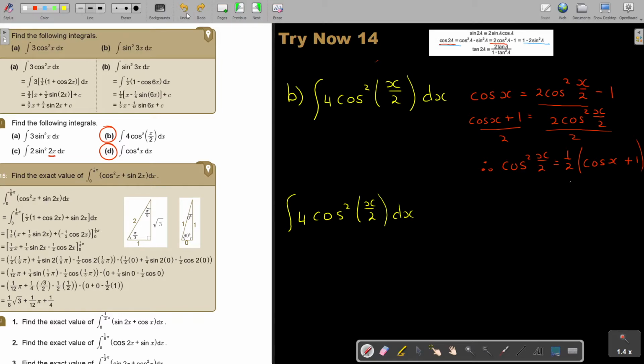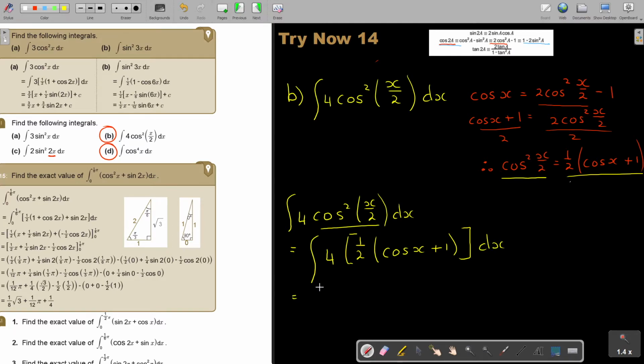So that is equal to 4, and now check this, replace that. Even put a bracket like that, cos x plus 1 dx. And if you simplify that further, 4 over 2, that's going to be 2.